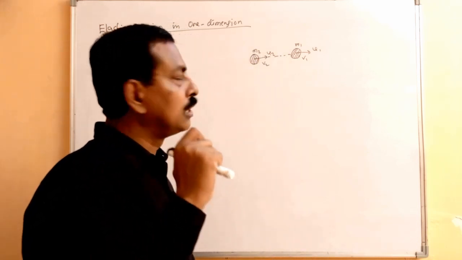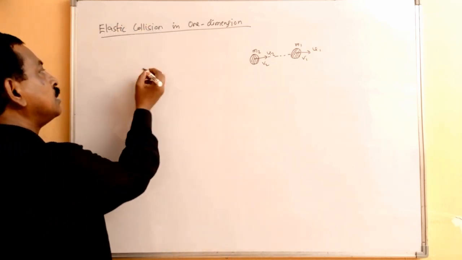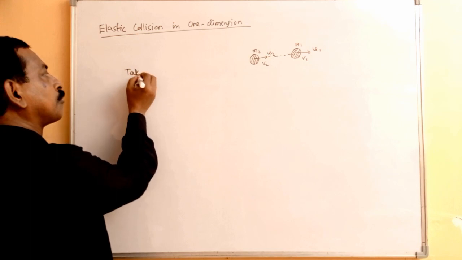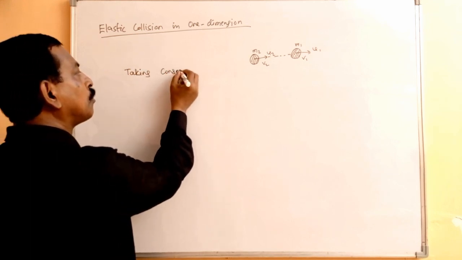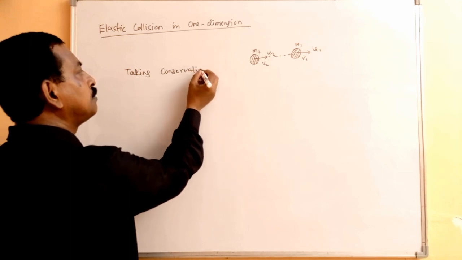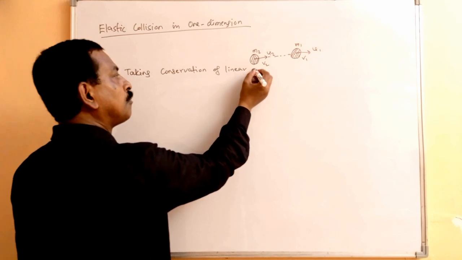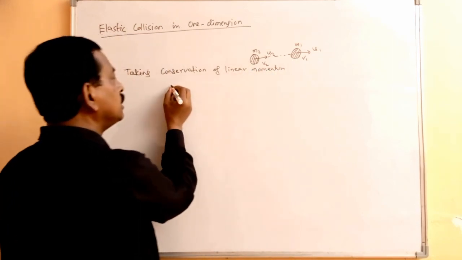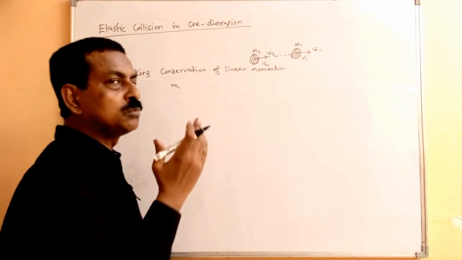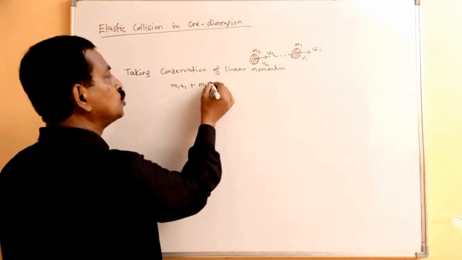We will apply conservation of linear momentum. The initial momentum, that means the momentum before collision, is m1 u1 plus m2 u2.